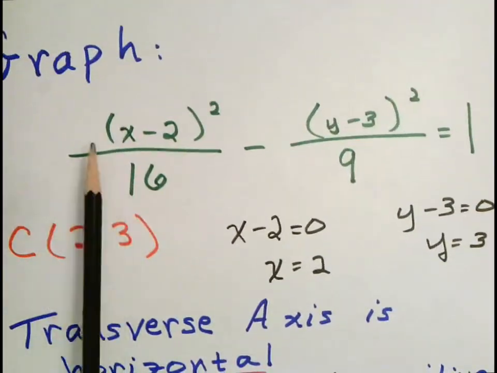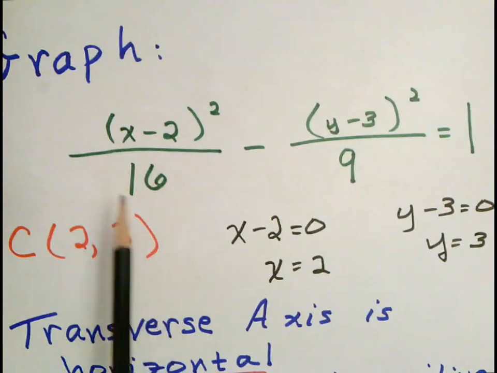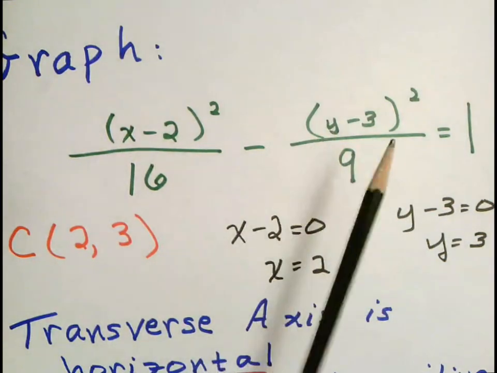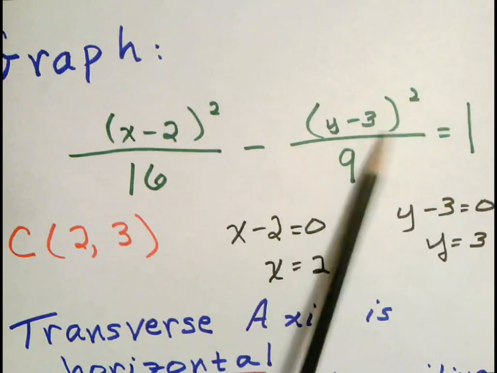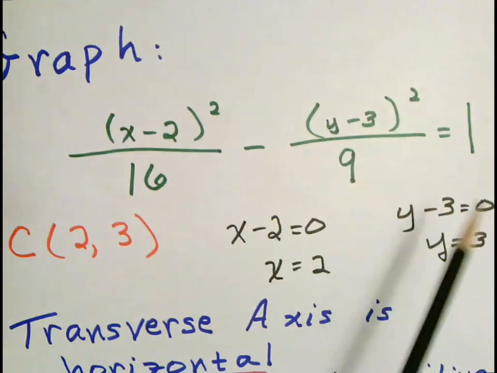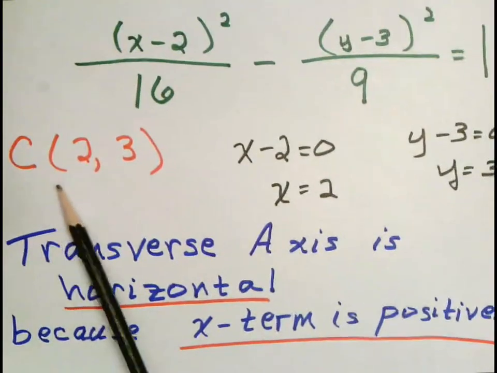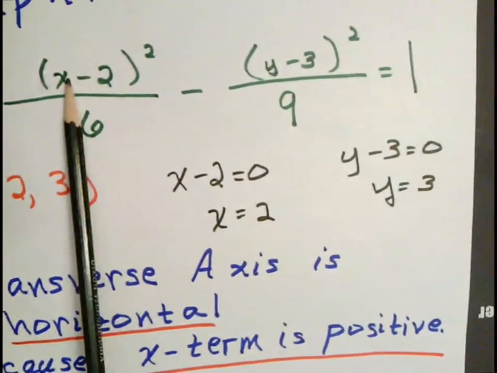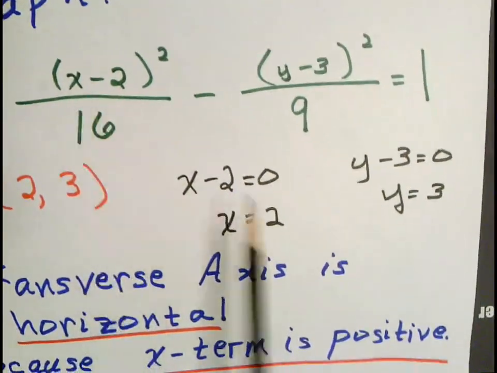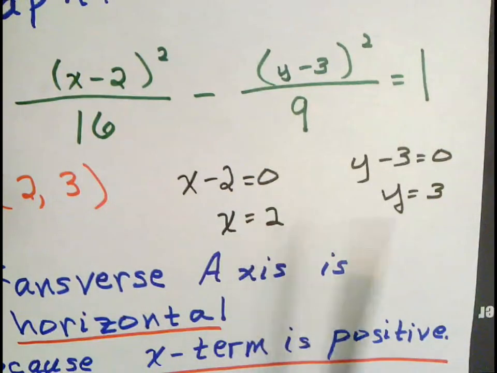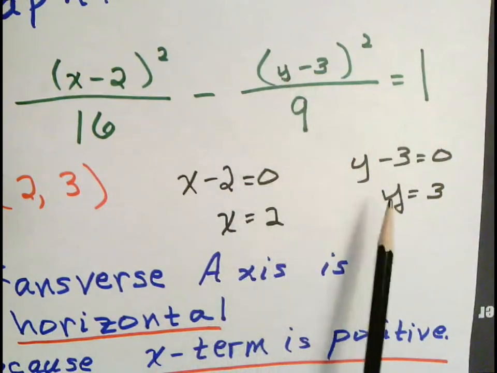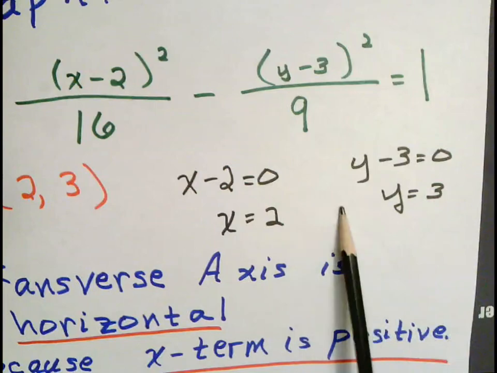hyperbola. The quantity x minus 2 squared divided by 16 minus the quantity y minus 3 squared divided by 9 equals 1. The center is 2 comma 3. So I took this binomial, the x minus 2, I set it equal to 0, x equals 2. I took this binomial, y minus 3, I set it equal to 0, y equals 3.